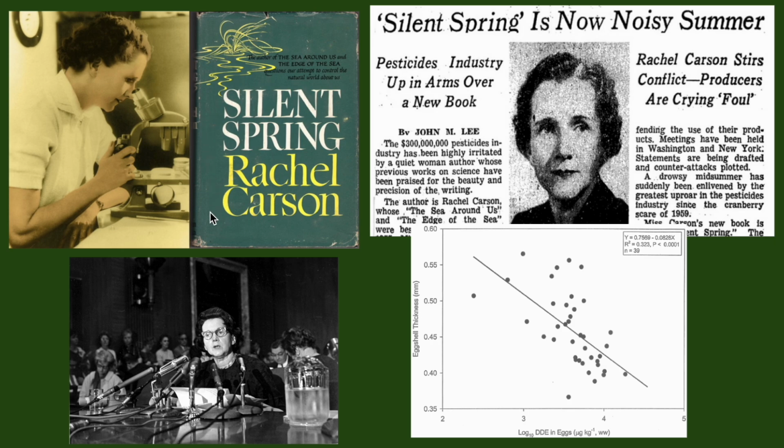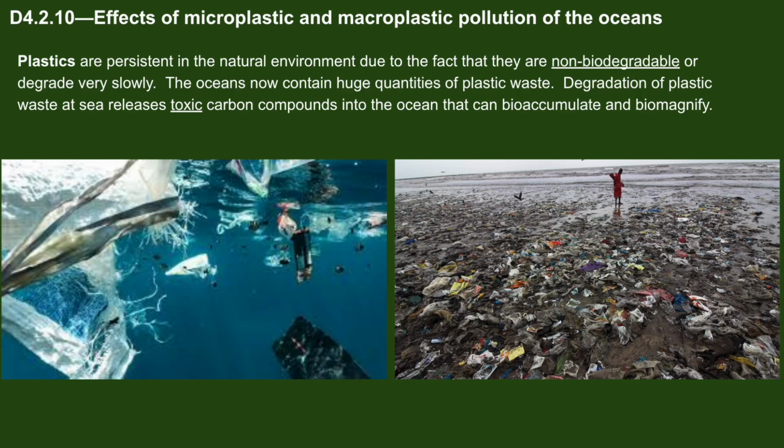And so you should just be familiar with her because she really is someone that you can look up to and respect as a role model for bringing awareness to the issues of what we're doing to our environment, and really was key in starting the sort of environmental awareness that we now have.